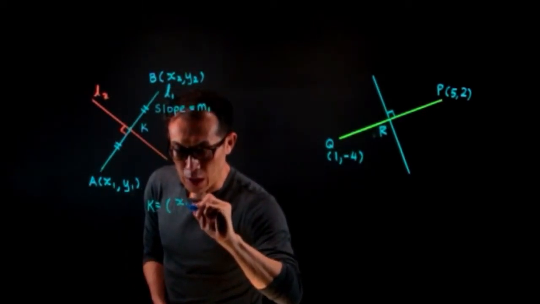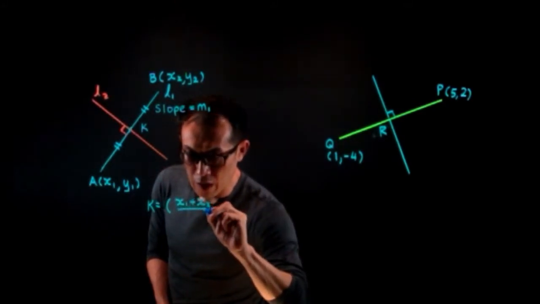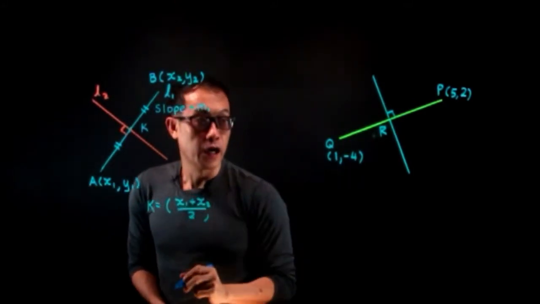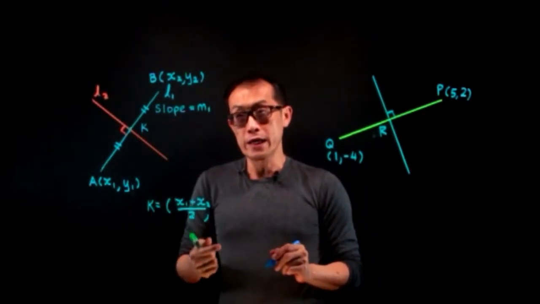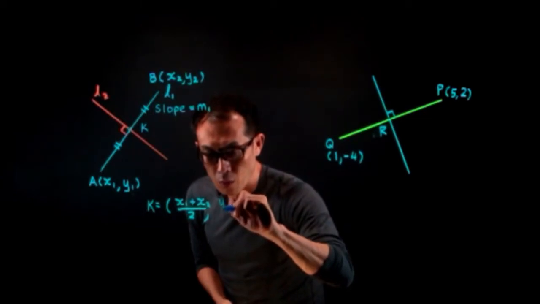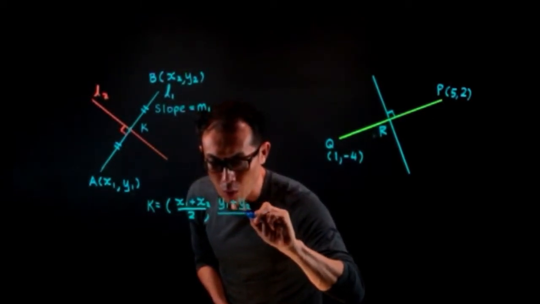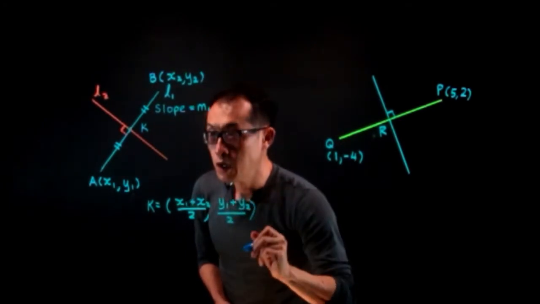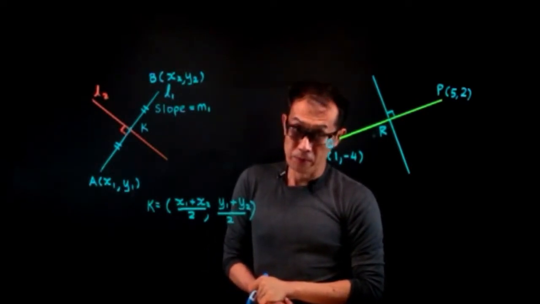So you have x1 plus x2 over 2. And for the y coordinate, you have y1 plus y2 over 2.